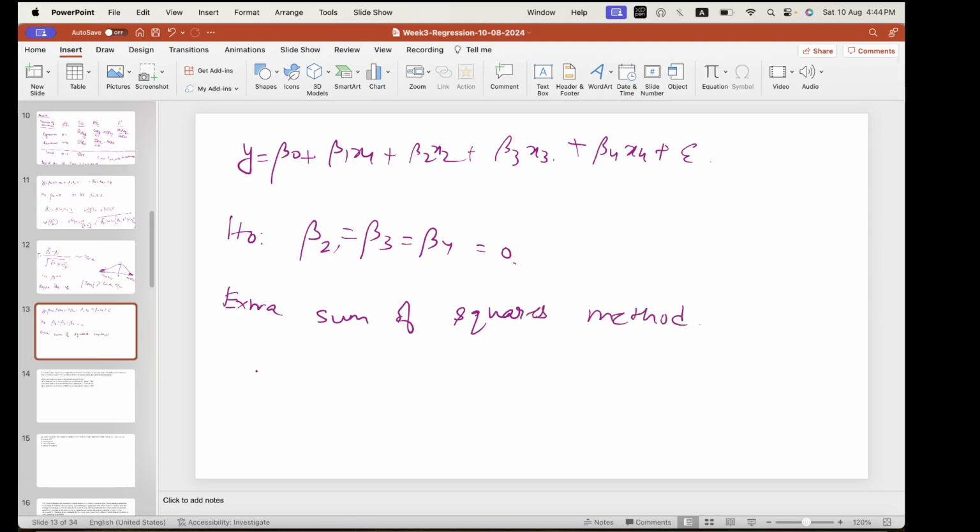How do we do that? Step 1. First, we'll calculate the unrestricted SS due to regression and unrestricted SS due to residuals. Okay.